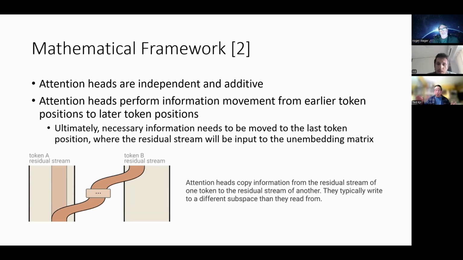So indirectly, 10 is actually copying from 2, but there's a hop in between. The information it's copying can be from your prompt, your input text, but it can also be information that the LLM has generated as intermediate concepts.